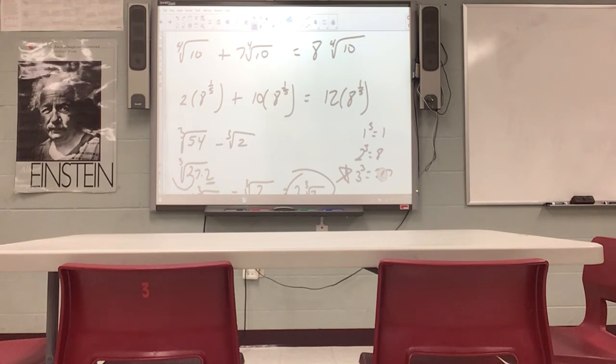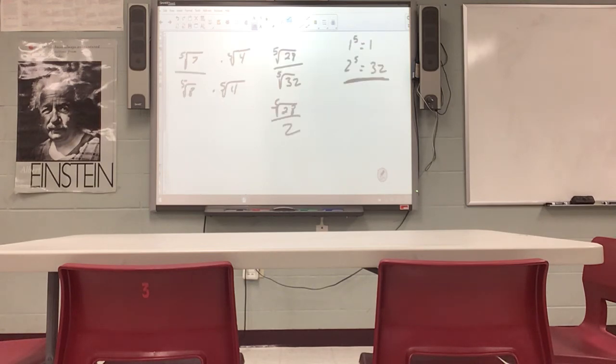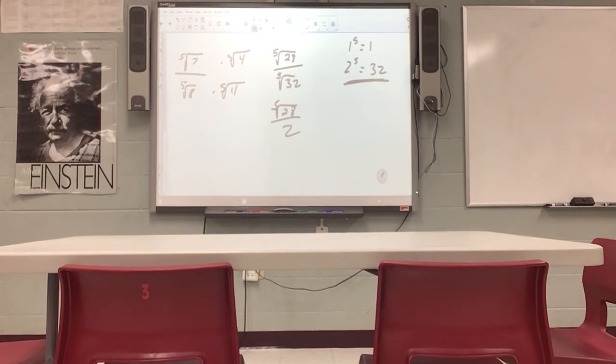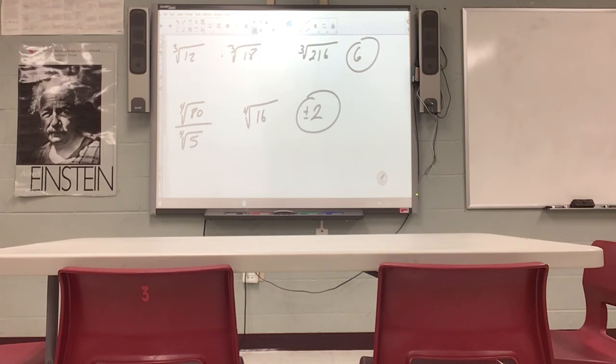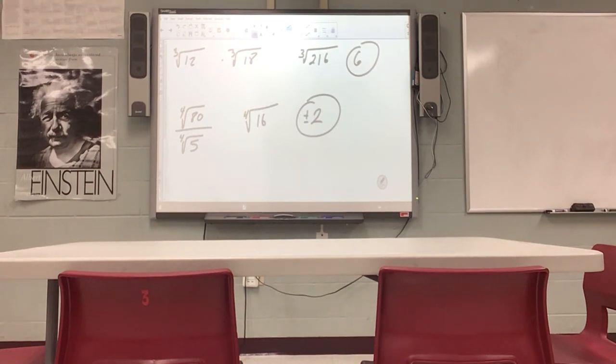So we did all 3 of those. Okay, and then, about to lose my glasses. 7, 8, we did that one. I don't know if we did that one. Yeah, we did do that one. Alright, I think that'll be good enough. Let me make sure. Come on, page. Cube root of 12. Where did we do that one?